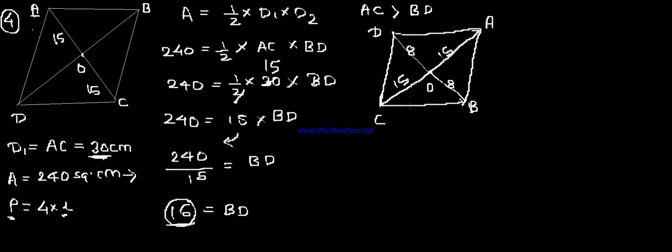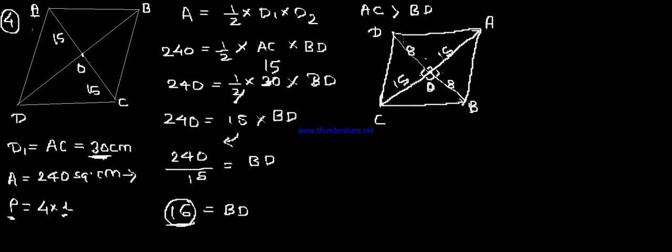Okay, and as we all know, these four triangles are right angle triangles. This thing we have already discussed, because these diagonals are perpendicular bisectors of each other, so they will make the 90-degree angle at the point of intersection, that is the O. Okay, so what we can do now, the same step that we have done before, we can apply the Pythagoras theorem in any one triangle.